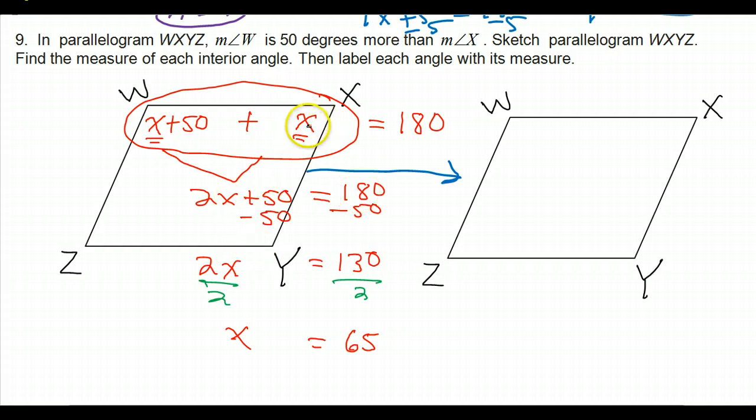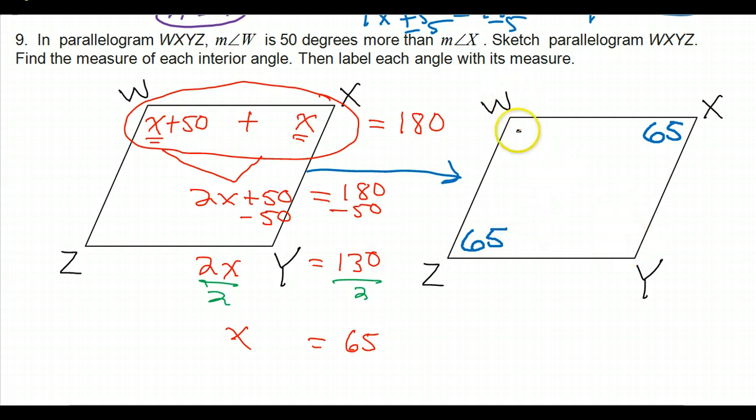So we found x. X is 65. Remember, x was angle x right here, so that means angle x is 65. That means angle z is also 65 because those are opposite angles. So this will be 65.